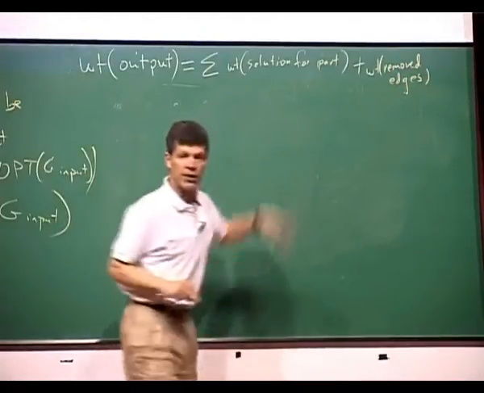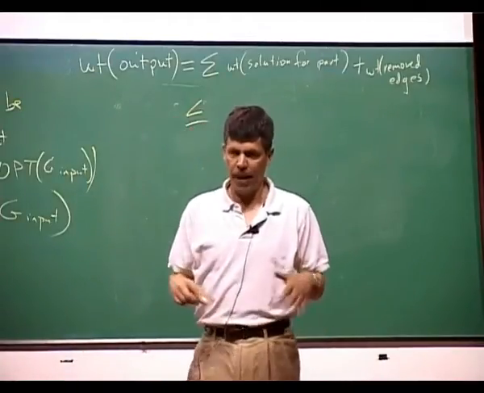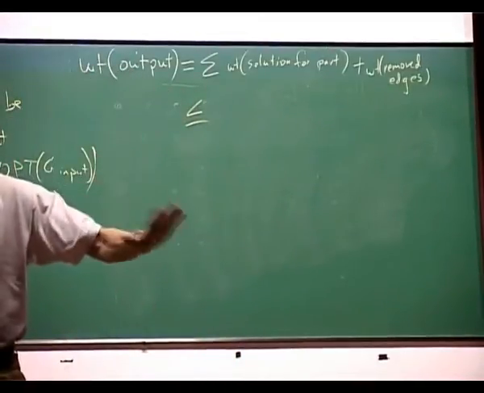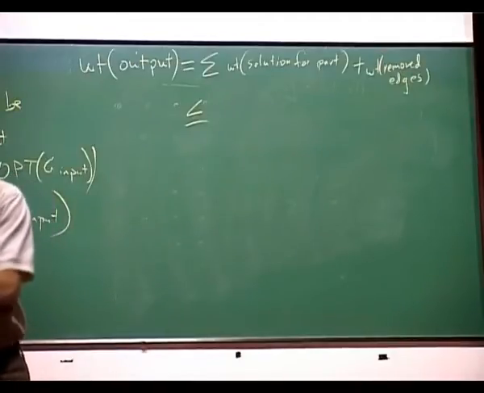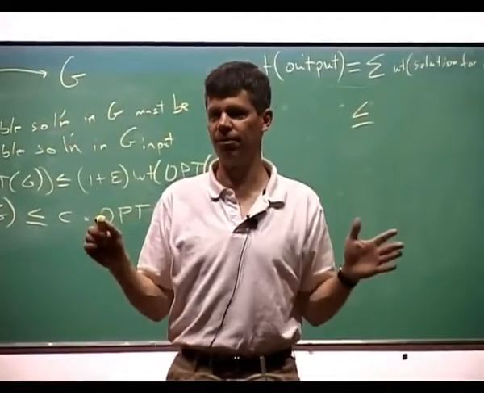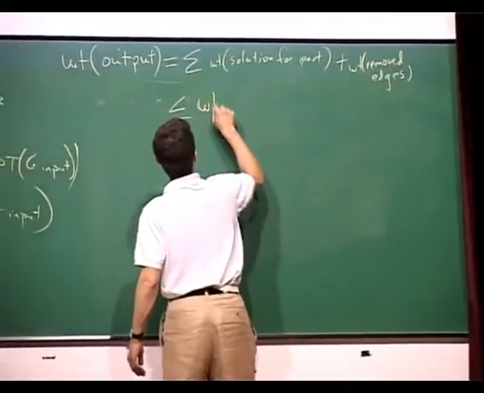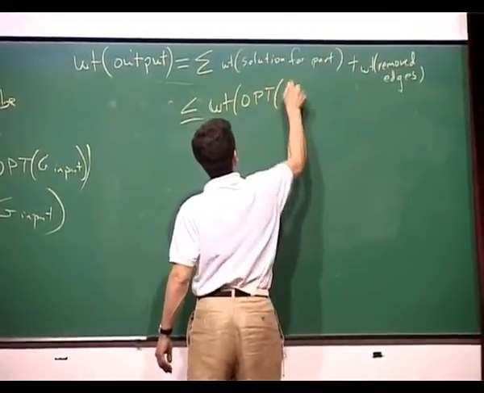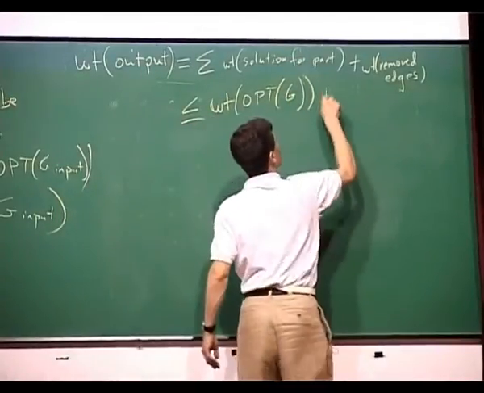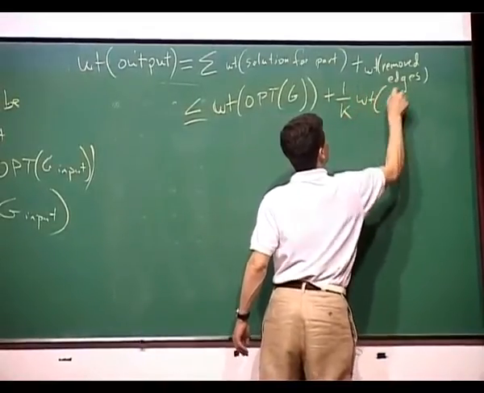Now, by the whole to part property, we know that there's a solution in each part such that the sum of those weights is at most opt of G. So this part is at most the weight of opt of G. This part is at most 1 over k times the weight of the whole graph G.